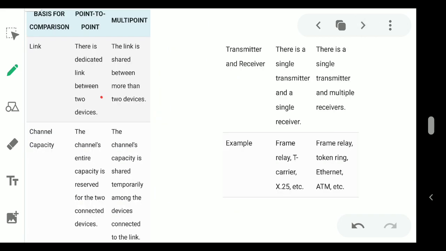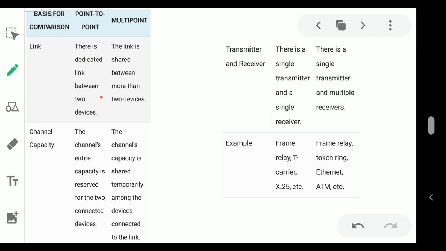Okay, so now we will differentiate between these two. So first is link. Okay, so this is a dedicated link between two devices in case of point-to-point. In case of multi-point, there is a link shared between more than two devices. Okay, channel capacity, we have learned this term channel capacity in this lecture.